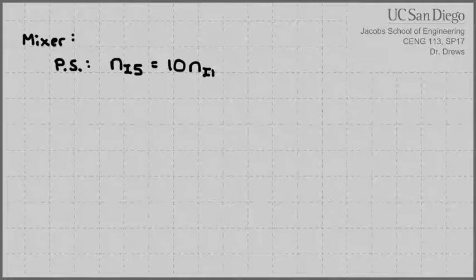Yeah, that's why that looks funny. That process spec was for A, not I. It wasn't the moles of I, we're talking about the moles of A in stream 5 is equal to 10 times the moles of A in stream 1. Since we're fed 10 moles of A in stream 1, it means the moles of A in stream 5 is 100 moles. So that comes from our process specification.